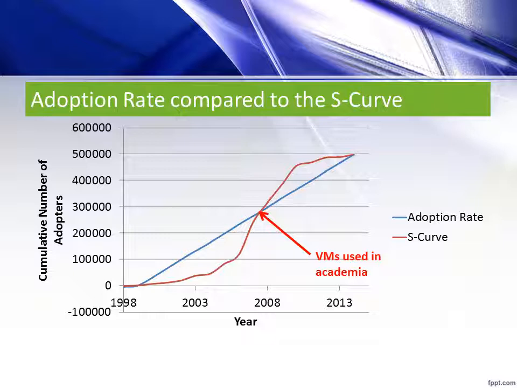According to diffusion researcher Everett Rogers, the adopter distribution over time follows an S-shaped curve. This chart shows the actual distribution of adopters compared to the expected S-curve if VMware had followed the normal diffusion process. Innovations do not always follow the S-curve.